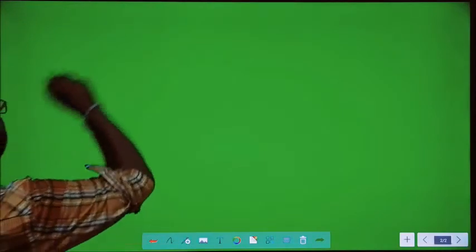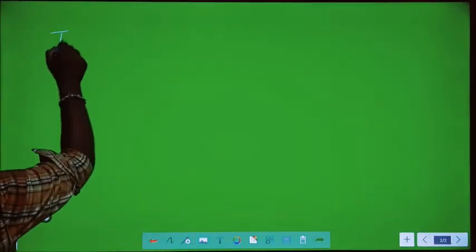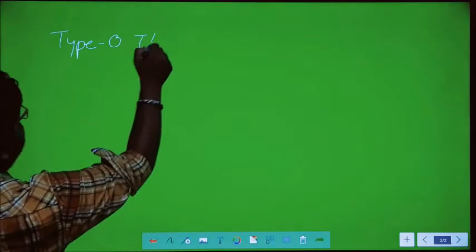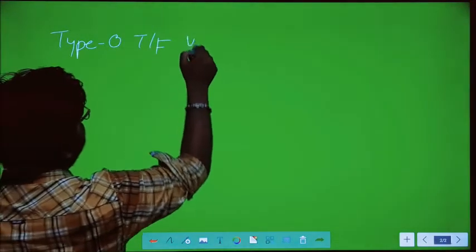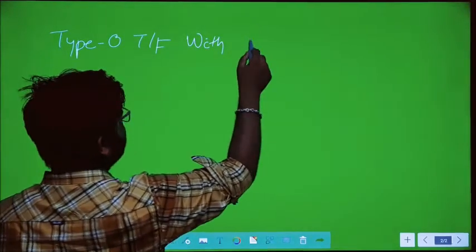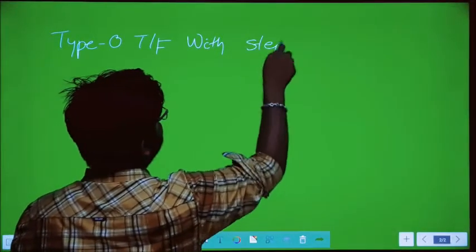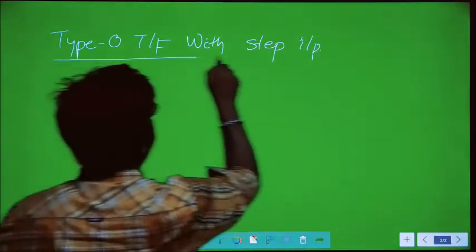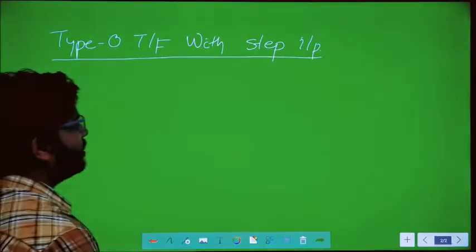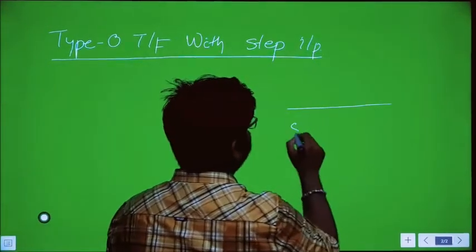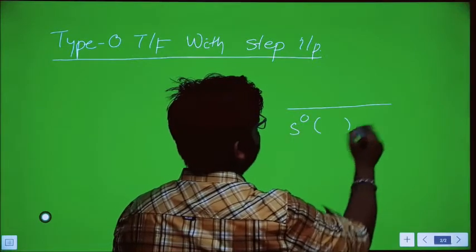Let us study the type 0 transfer function with step input. For a type 0 transfer function, the denominator term will become s to the power 0 and something.